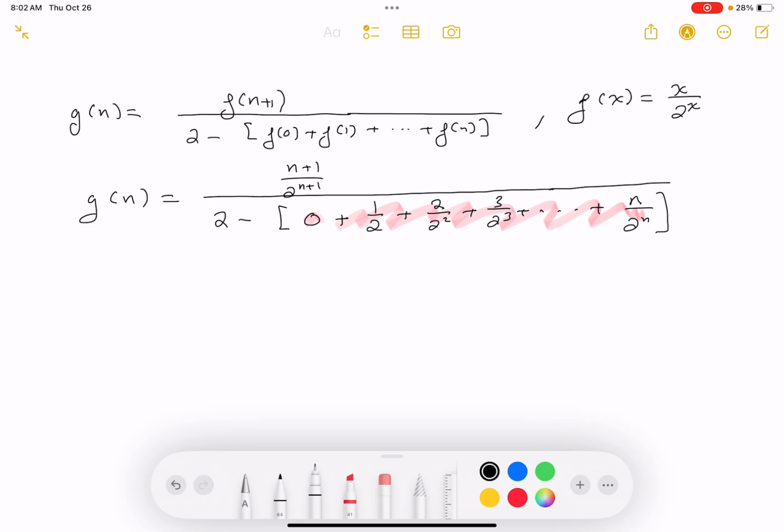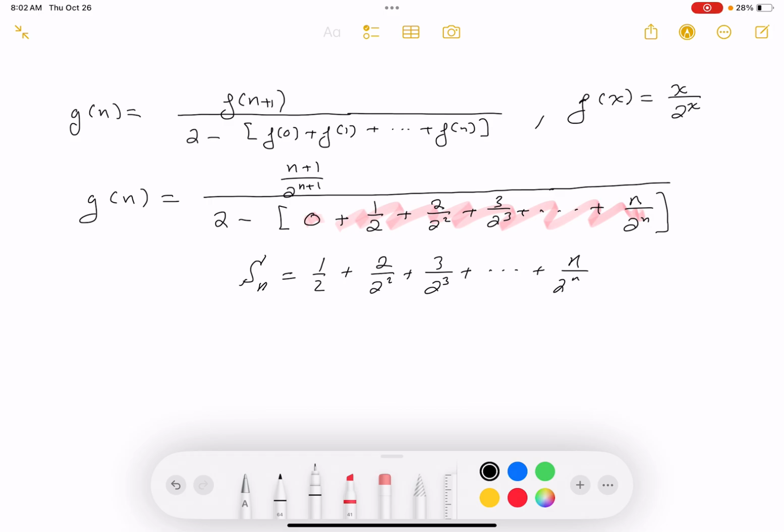I don't know what the sum is. I'm not going to write the 0 down, by the way. I'll just say Sn is 1/2 plus 2 over 2 squared plus 3 over 2 cubed plus yada, yada, yada plus n over 2 to the n.